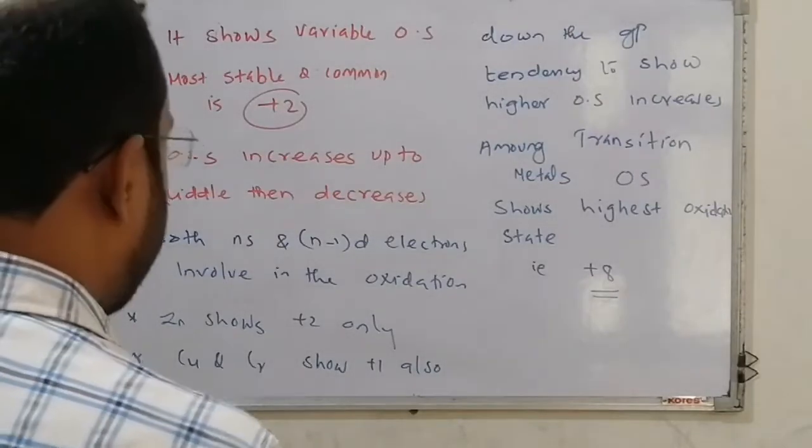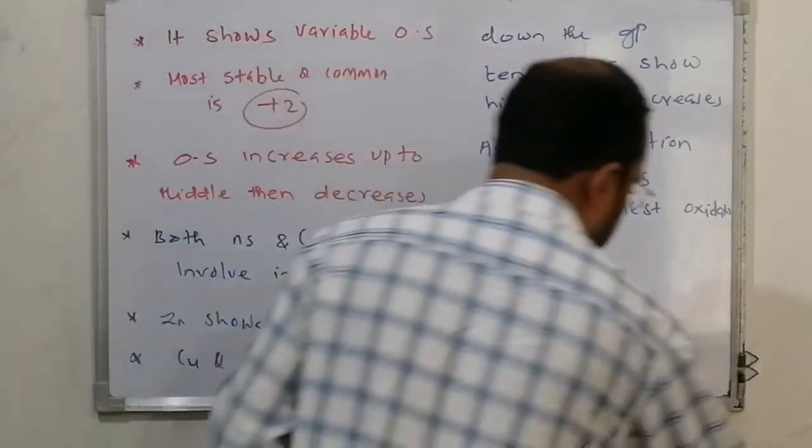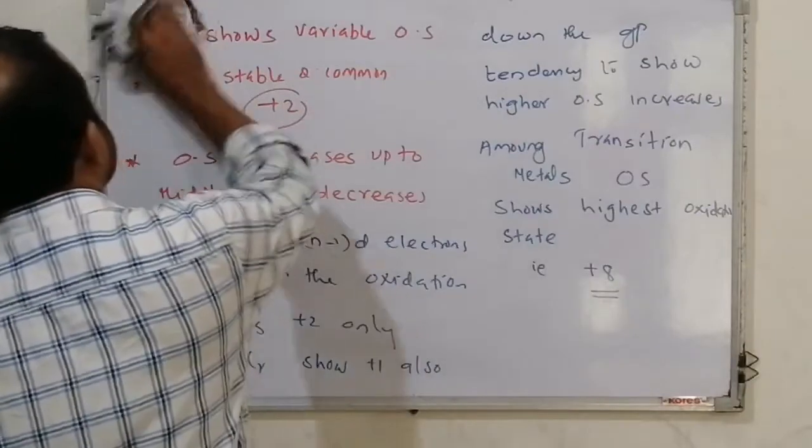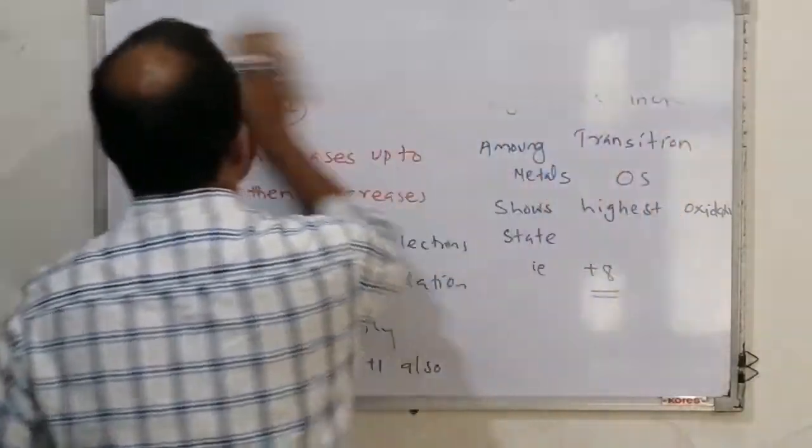These are the different properties associated with the oxidation state of transition metals.